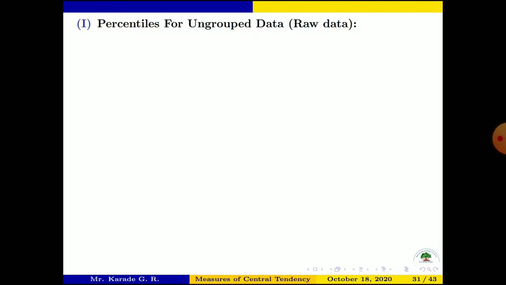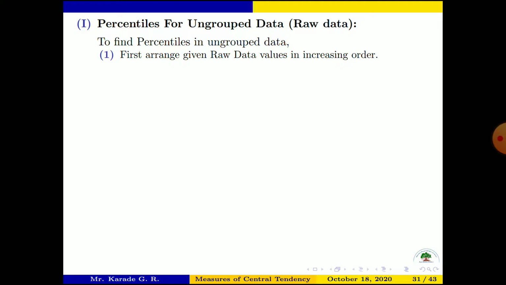Percentiles for ungrouped data, or we say raw data. How to find percentiles for given data, that we will see. To find percentiles in ungrouped data, we follow the following steps. In the first step, arrange given data values in increasing order.